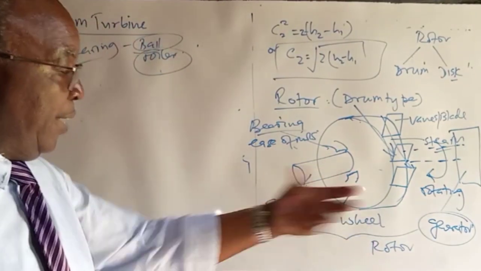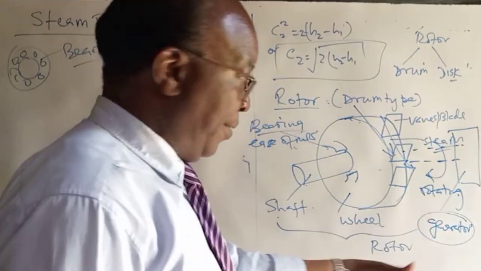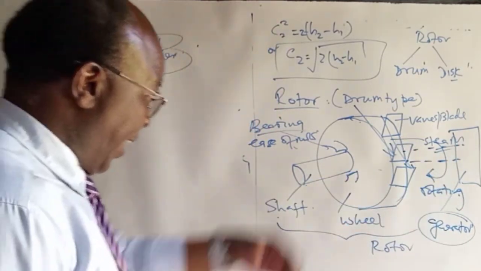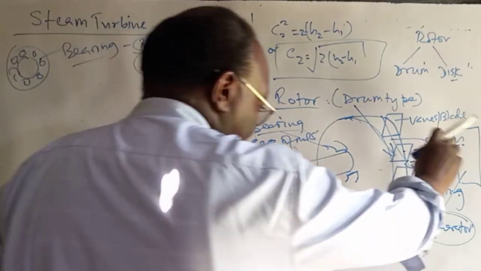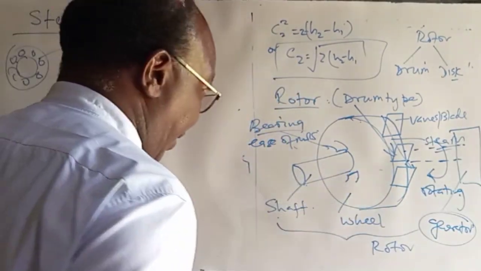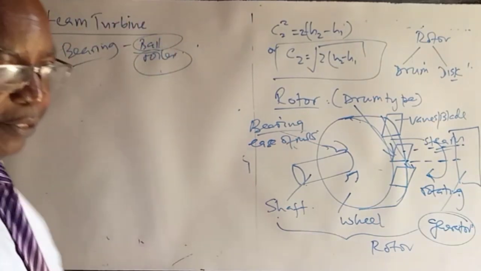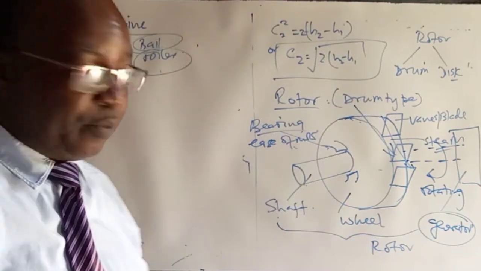And of course, in that system to produce electricity, we have several things. There are magnetic fields involved and so forth. As it rotates, there are many things which are changing in that particular system, and it's in a magnetic field, so electricity is produced. That's the rotor. Very important. We have the drum type, which is what we have talked about.